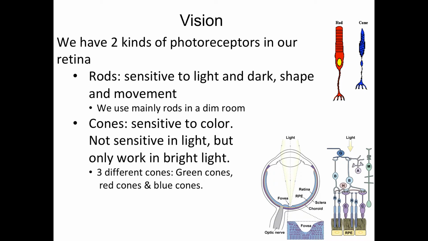The distribution of rods and cones is different across the retina. Cones are very tightly packed in a region called the fovea, which you can see right here. In the fovea you have a lot of cones, however, there are no rods whatsoever there.